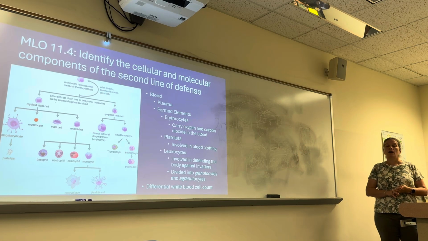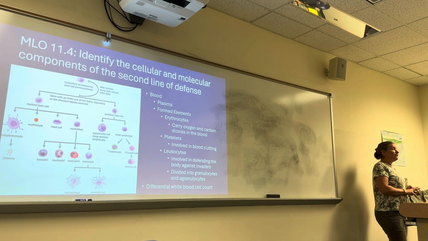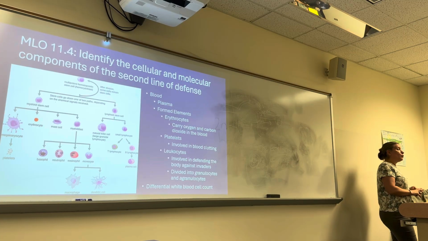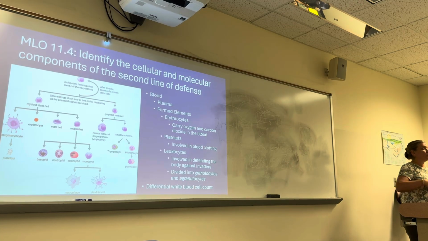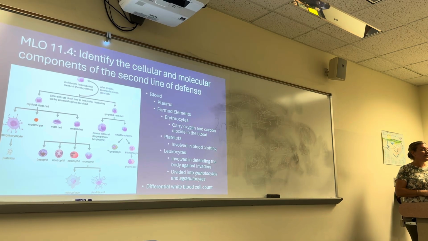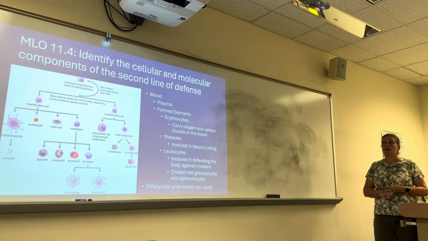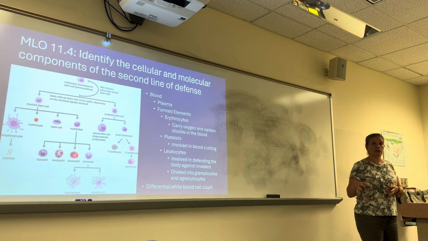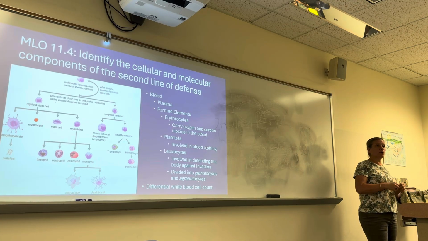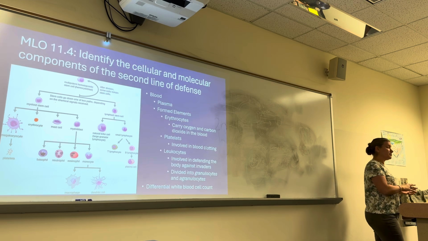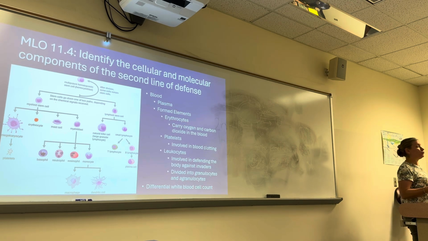Okay? If you remove the clotting factor, which falls into that protein component, that's what we refer to then as serum. So the serum is plasma, so no blood cells, just the liquid component with the clotting factors removed.